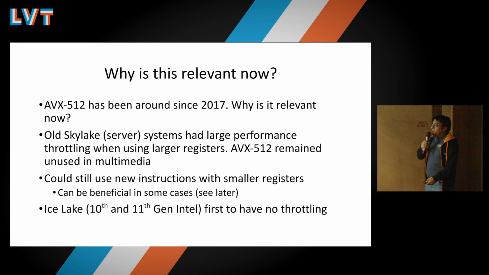This was a big problem, and it was a key reason AVX-512 remained unused in things like multimedia, because in multimedia you have a mixture of non-SIMD instructions, just normal C code for example, and AVX-512. Whereas in academia, in fluid dynamics for example, you may have entirely AVX-512. So let's say AVX-512 makes your fluid dynamics application twice as fast, but then you lose 30% CPU performance, that doesn't matter because you still have an overall gain.